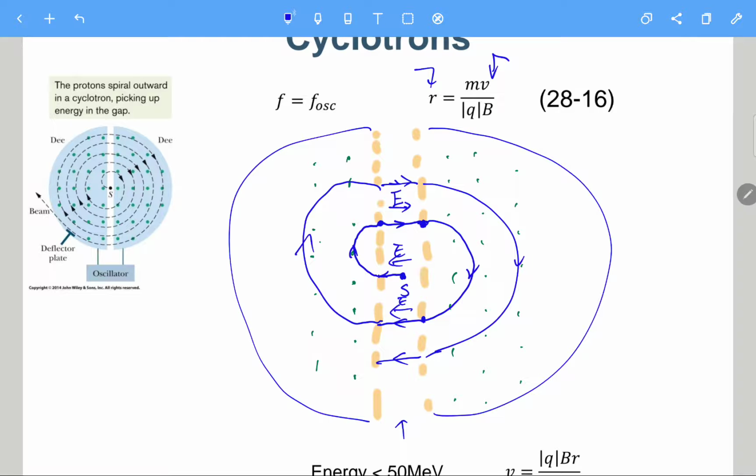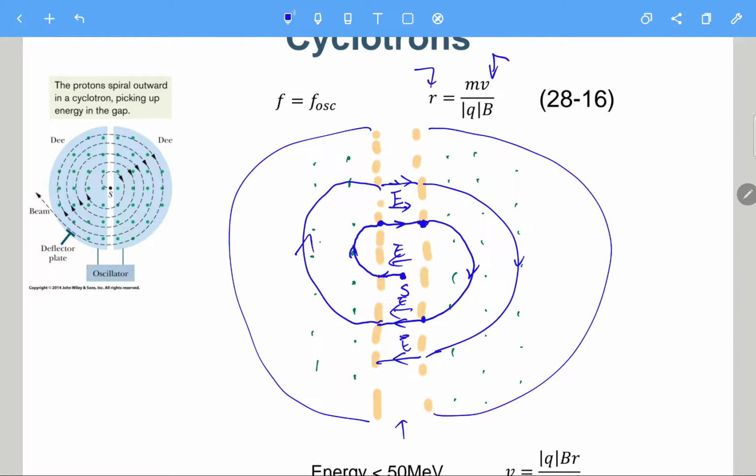So this is the mechanism of the synchrotron, how to accelerate the particle. So we need to control the E field inside this gap periodically, so that the particle can keep accelerating.